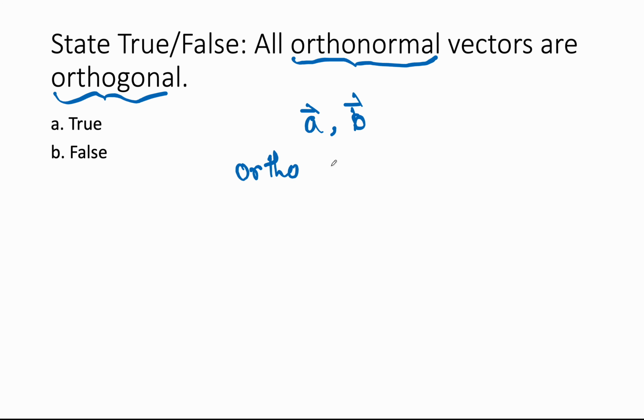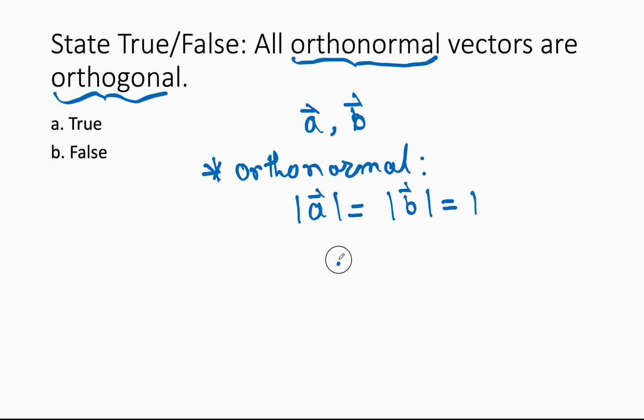Orthonormal: for the vectors to be orthonormal, the magnitude of each individual vector should be 1, and also they should be perpendicular. Next we will see orthogonal.